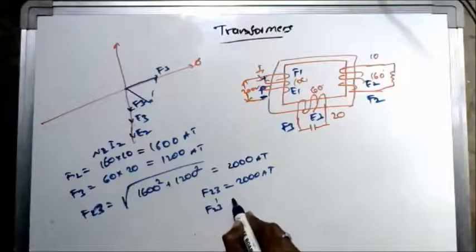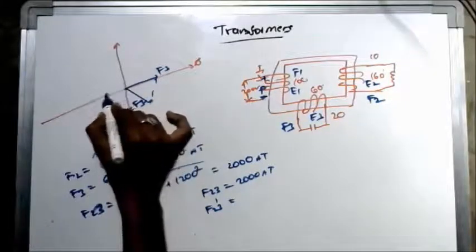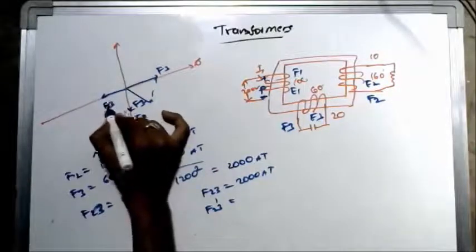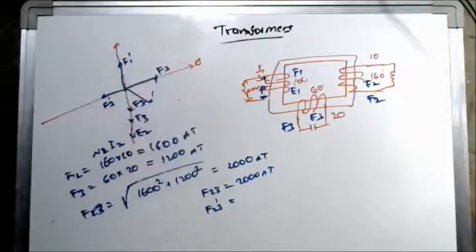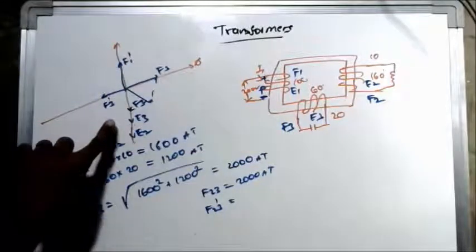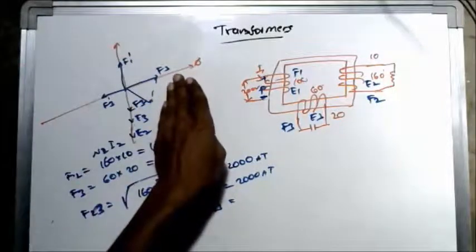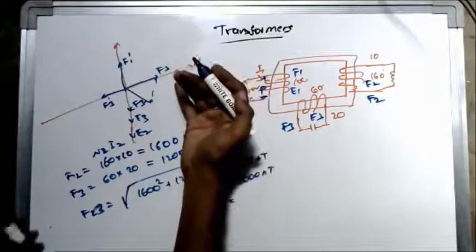F23 dash can be referred to the primary side. F3 is referred to primary. How much will it become?